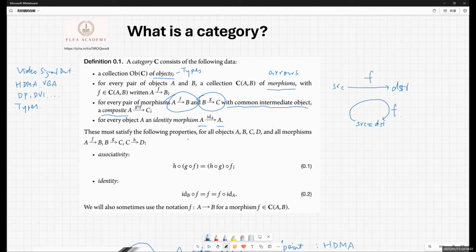For every object A, an identity morphism ID from A to A. So if we replace A with a type like VGA, we have the source VGA and the destination VGA. Source equals destination, so it's a loop. From the input to the output, all are VGAs. So this is the ID VGA.